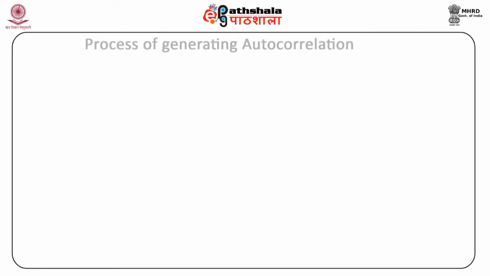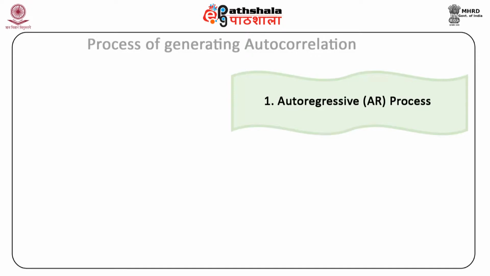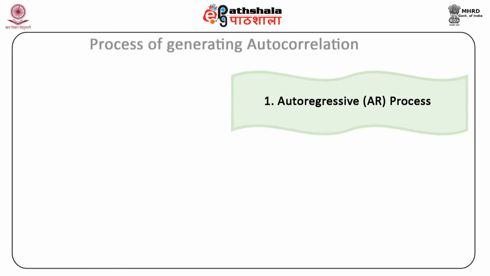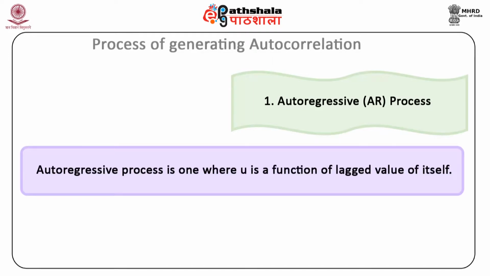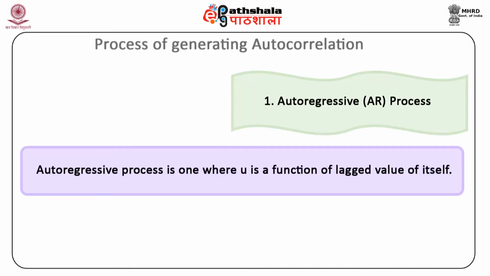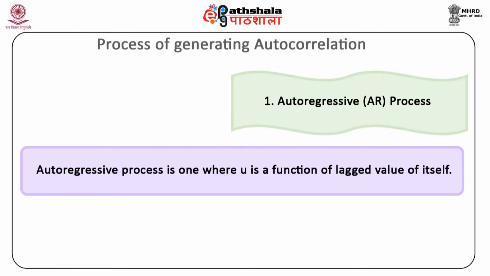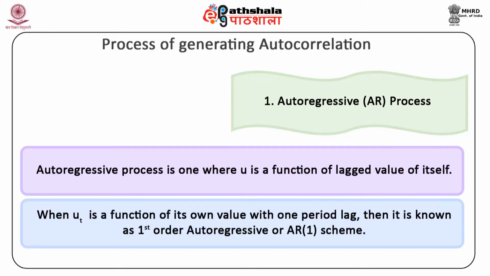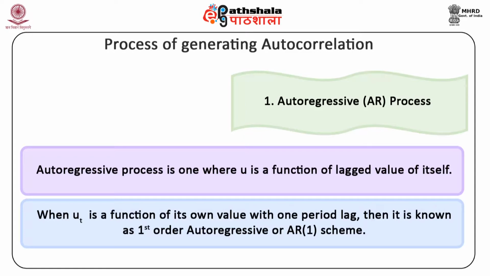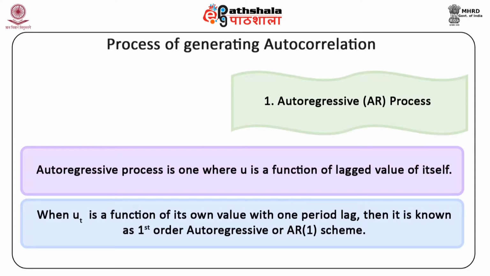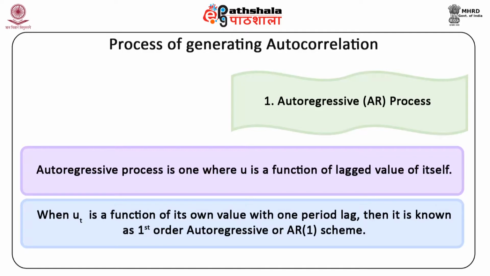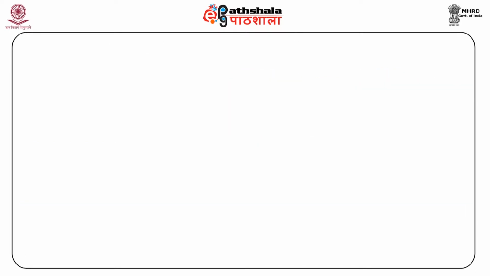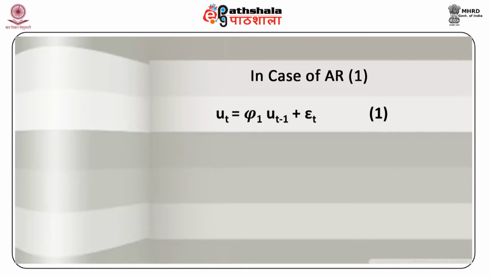The first structure is the autoregressive process, also known as AR process, which is one where u is a function of lagged values of itself. When ut is a function of its own value with one period lag, then it is known as first order autoregressive or AR1 scheme. In case of AR1, ut is equal to phi ut minus 1 plus epsilon t.